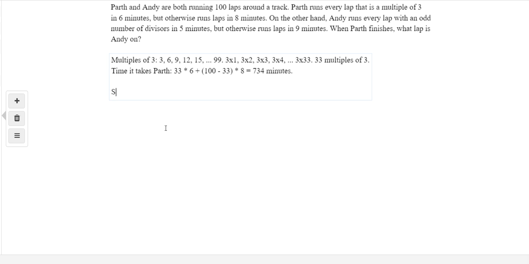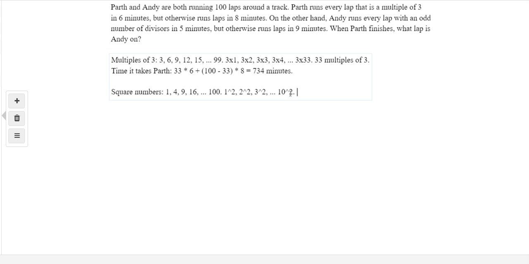So if we want to find the square numbers from 1 to 100, we list them out as 1, 4, 9, 16, and these are values that you should have memorized, all the way to 100. And we can count the number of square numbers in this list by doing a similar thing to up here. We can express this as 1 squared, 2 squared, 3 squared, all the way to 10 squared.